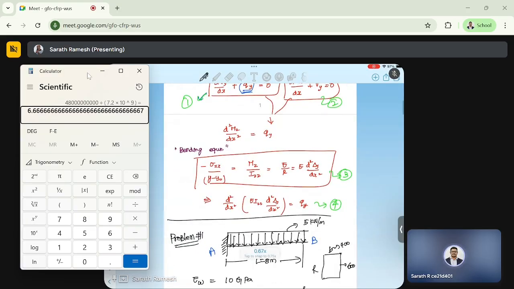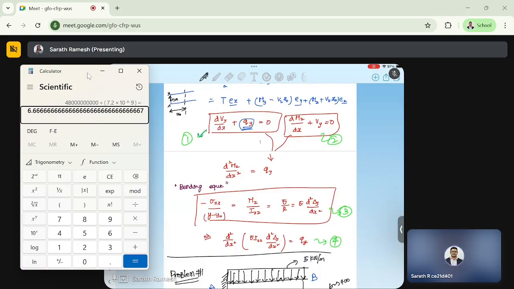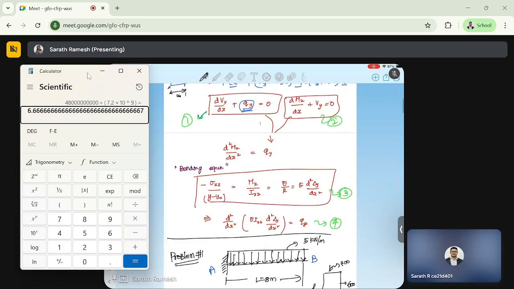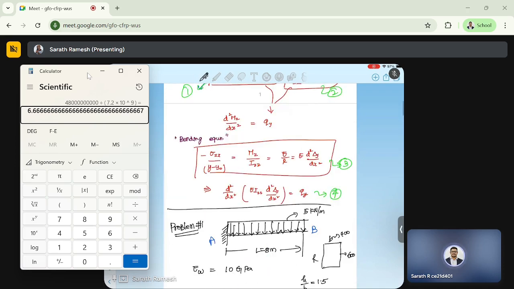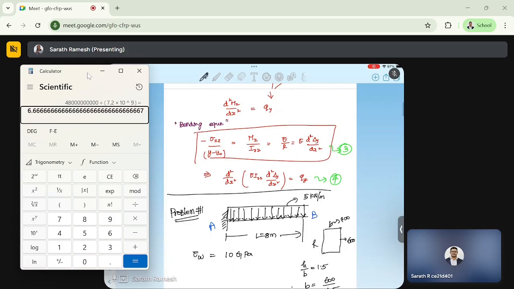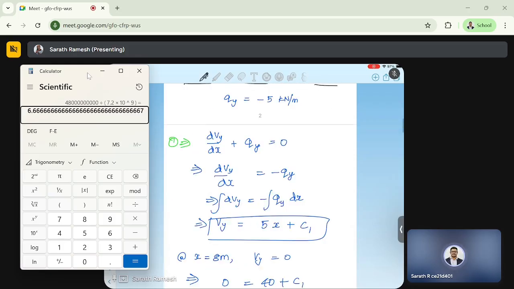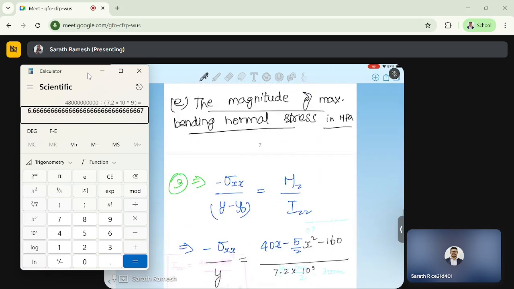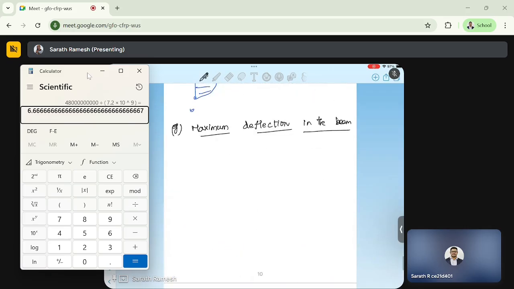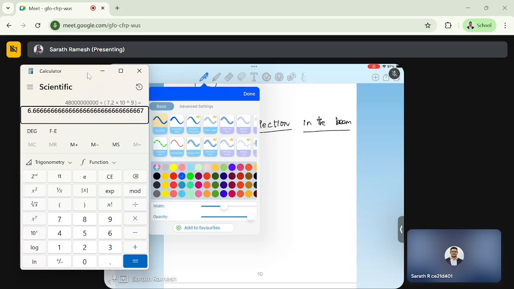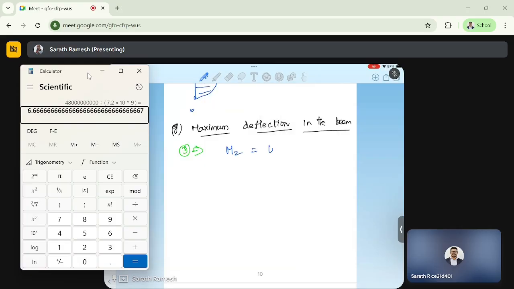We can use equation number 4 or equation number 3 in the bending equation. I'm going to use equation number 3: Mz equal to EIZZ d square delta y by dx square.